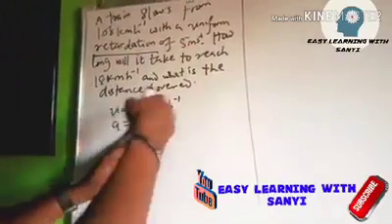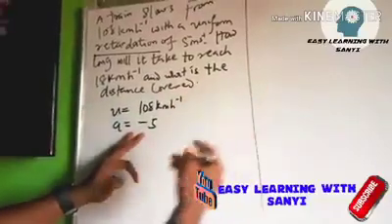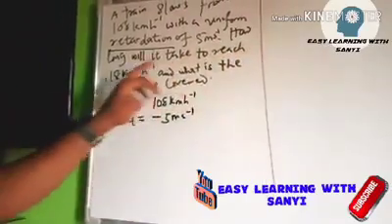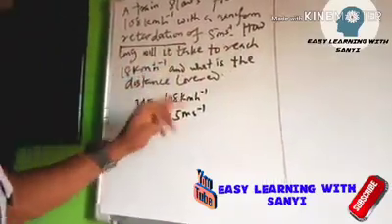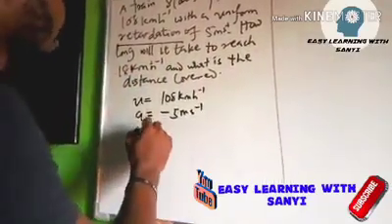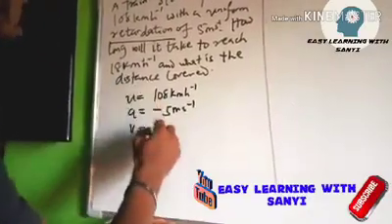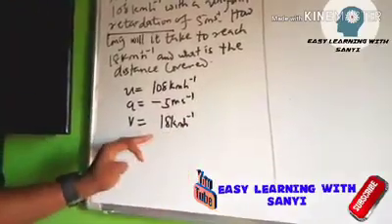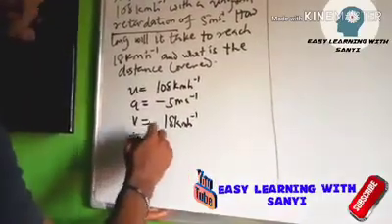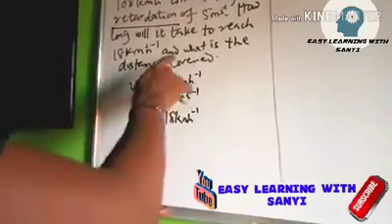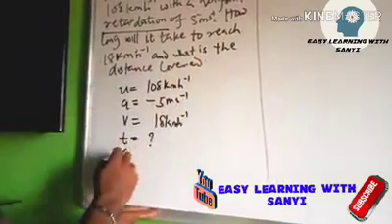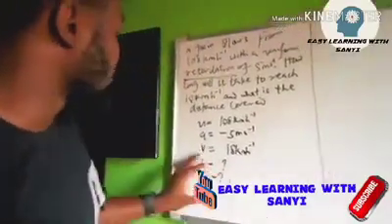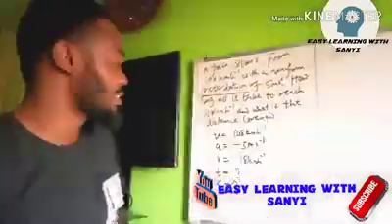I'm putting the minus because of retardation. How long will it take to reach 18 km per hour? So the final velocity is 18 km per hour. You are asked to find t, the time, and s, the distance covered. Those are the variables you are asked to find.